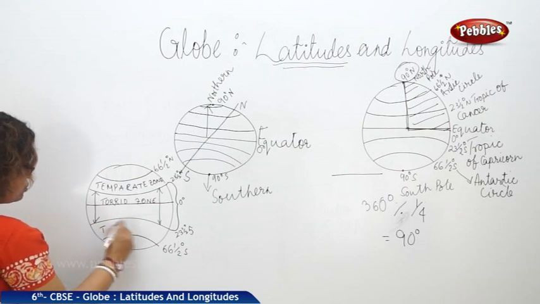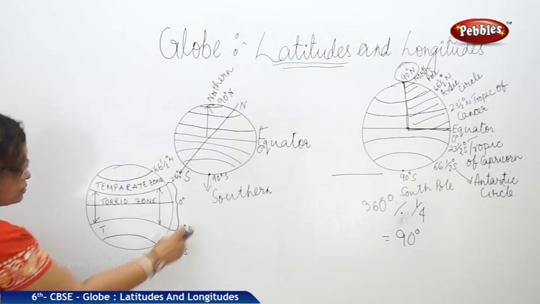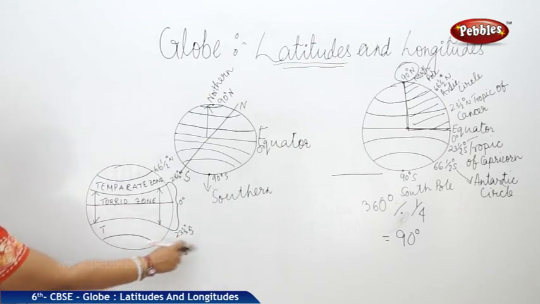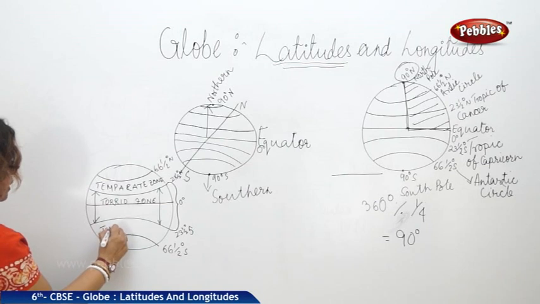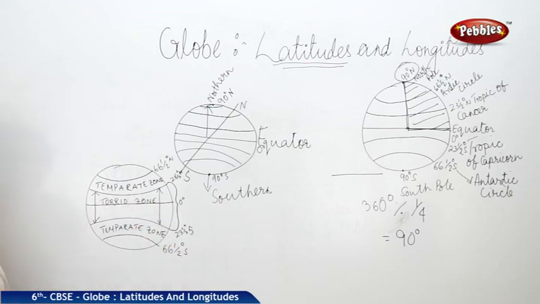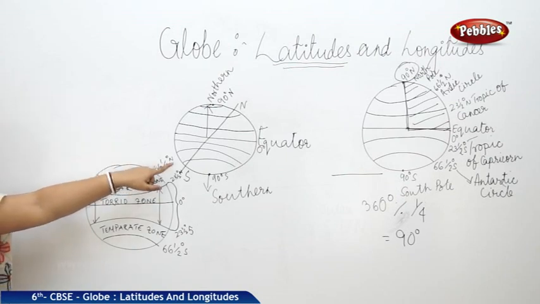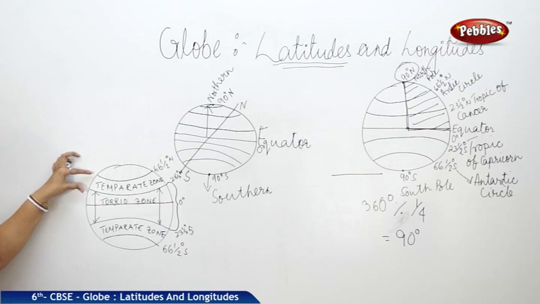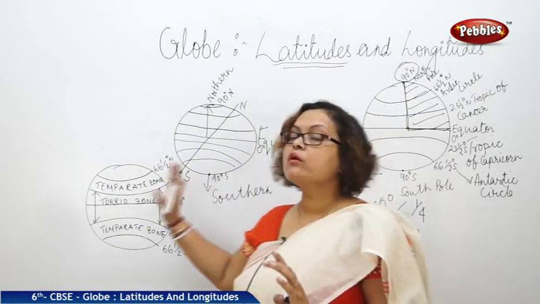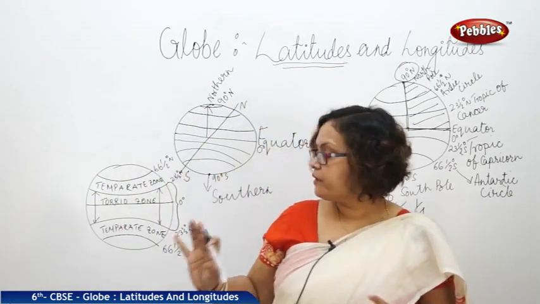Even this part also: 23.5 degrees south to 66.5 degrees south is known as temperate zone. What is the speciality of this zone? This zone is not too hot, not too cold. It is temperate, moderate.